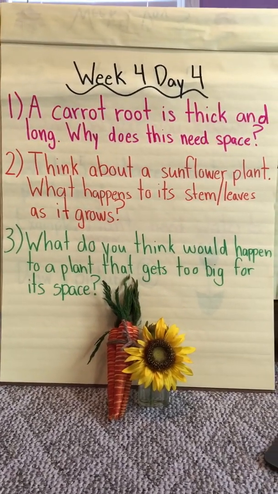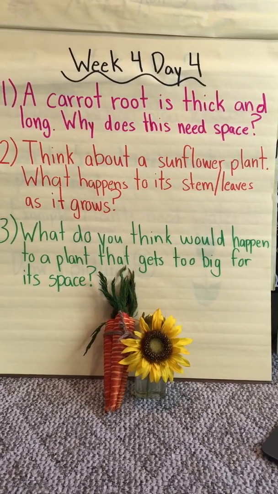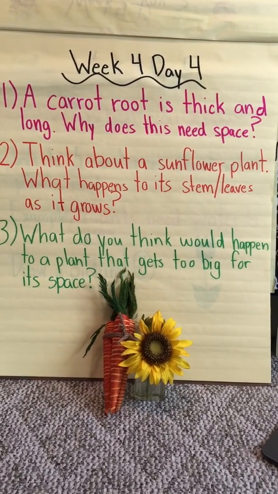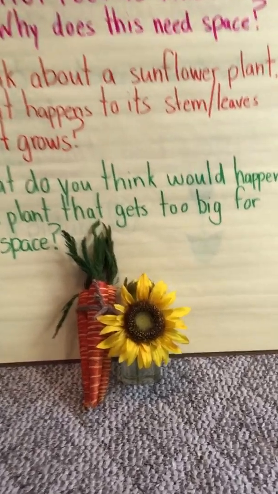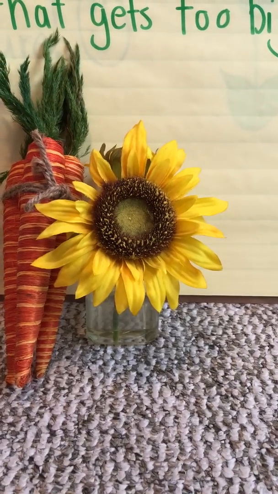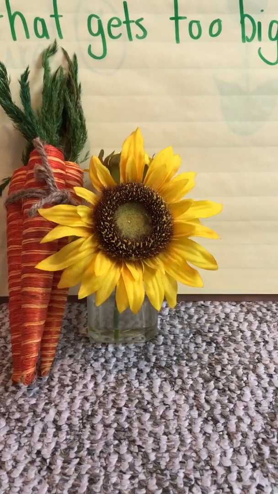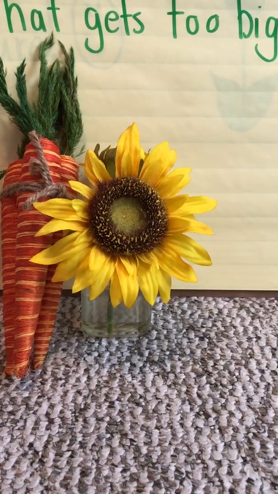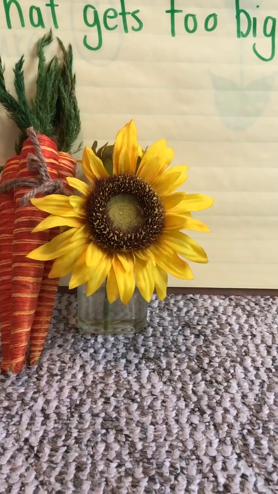Question 2 says, think about a sunflower plant. What happens to its stem and leaves as it grows? So here's a sunflower, and sunflowers actually grow in the direction of the sun. When we learned about light and the sun, one of the things we learned is that the sun rises in the east and sets in the west.